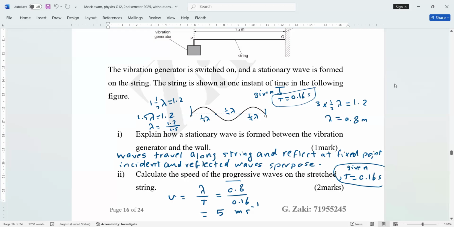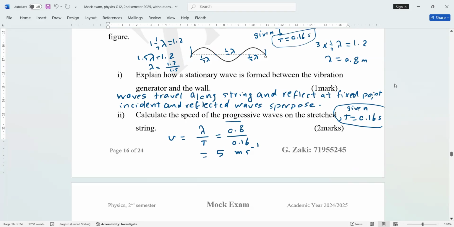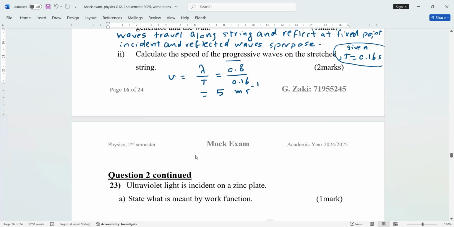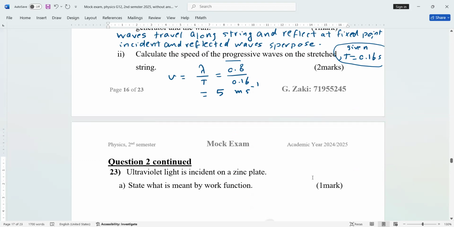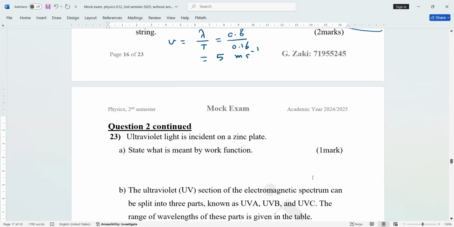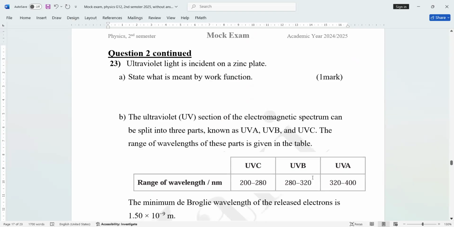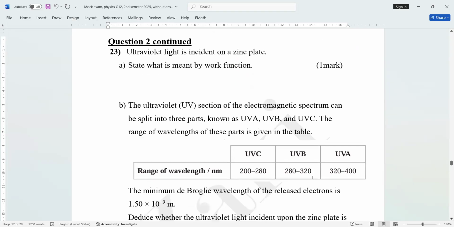Now we continue with the next question. Next question is about quantum physics. Read the question, be careful, and then we answer. Ultraviolet light is incident on a zinc plate.